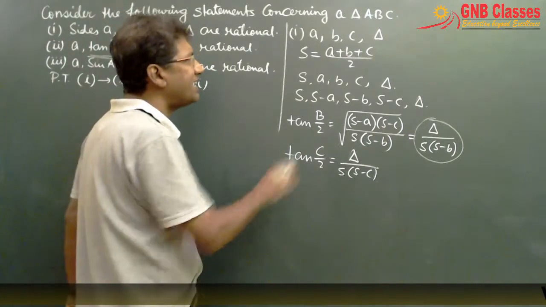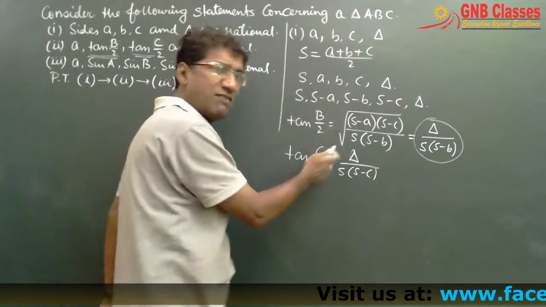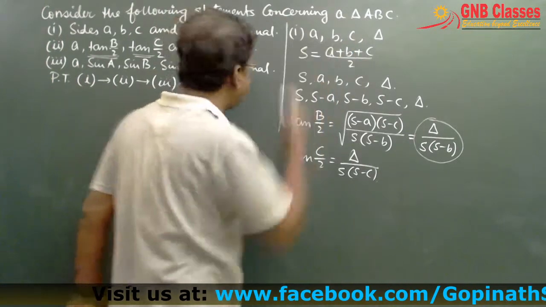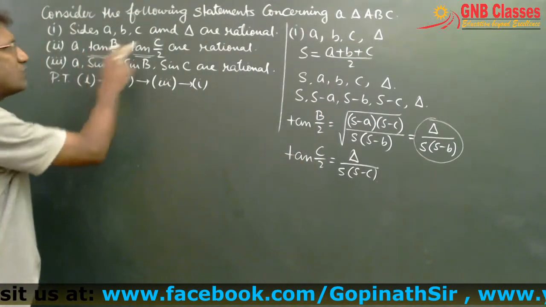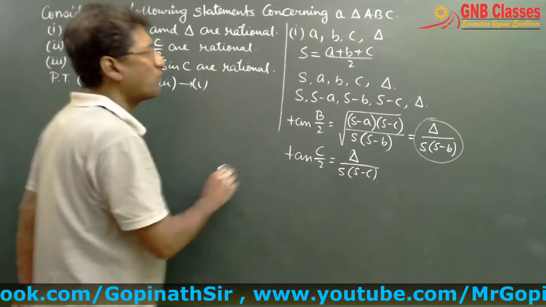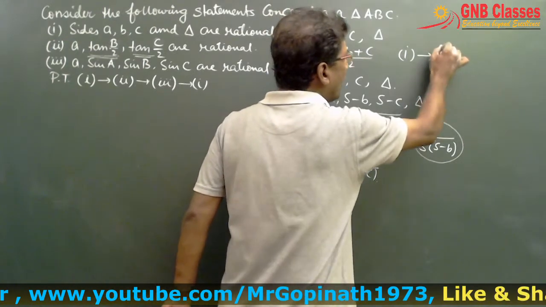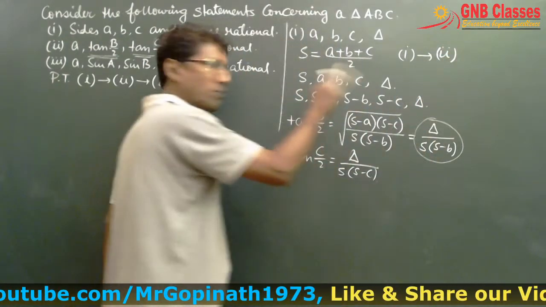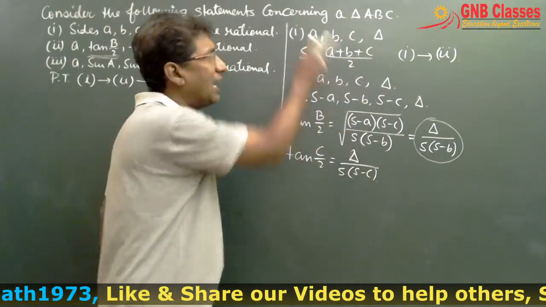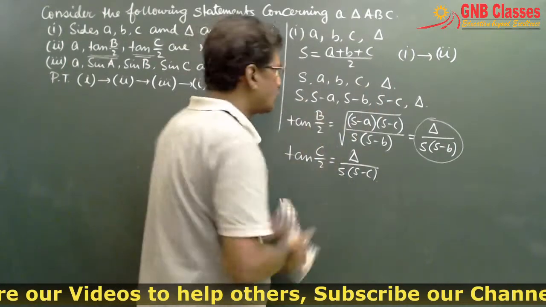Therefore, if a, b, c and del are rational, from that we derive that tan A/2, tan B/2, tan C/2 are also rational. Is it clear? Therefore, we can say 1 implies 2. We got 2 from 1. The conditions that are given in 1, we have derived 2 with the help of those conditions. If 1 is true, then 2 is also true.